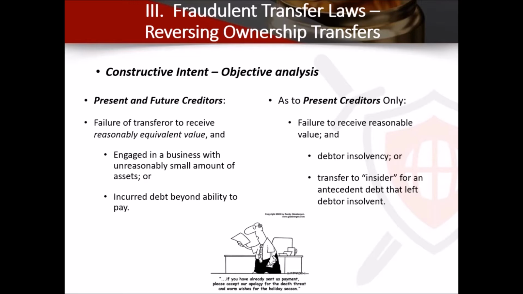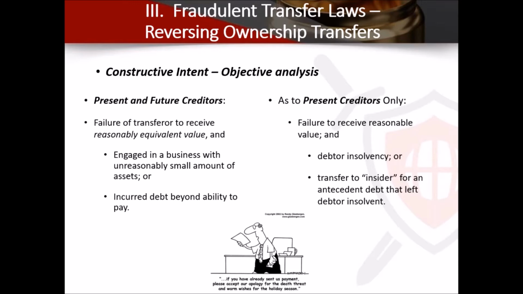And if someone comes in and we're not planning, it's someone who's got a problem, we'll do an analysis for them just to give them a roadmap with respect to where they stand in terms of their exposure to fraudulent transfer.